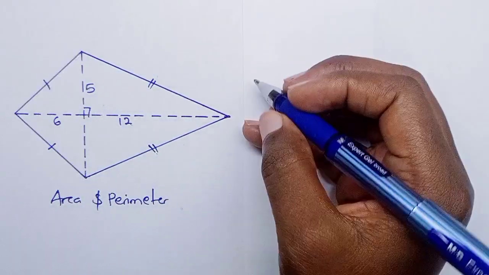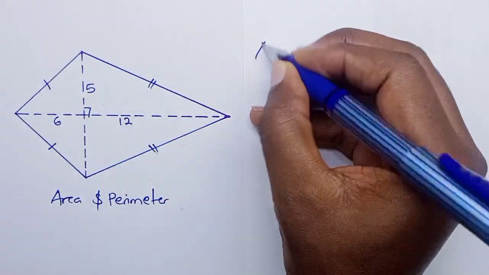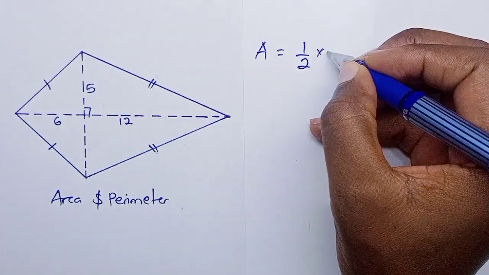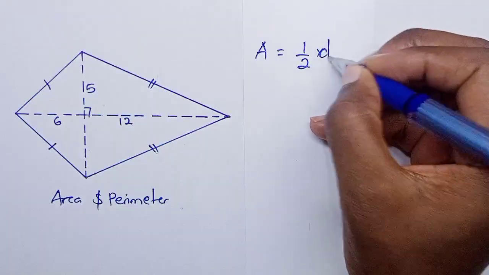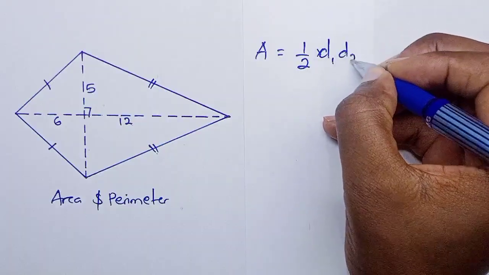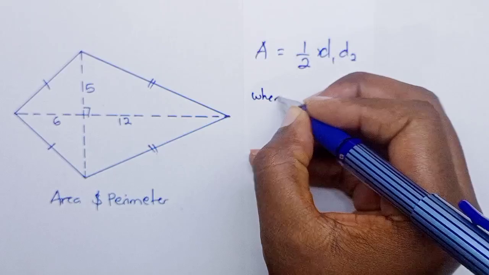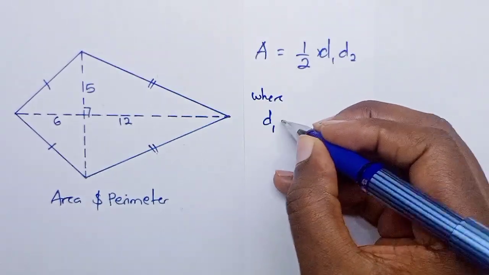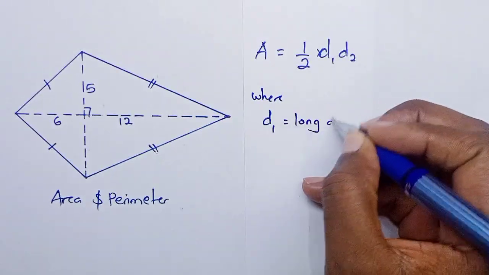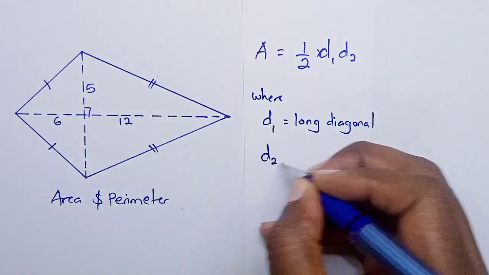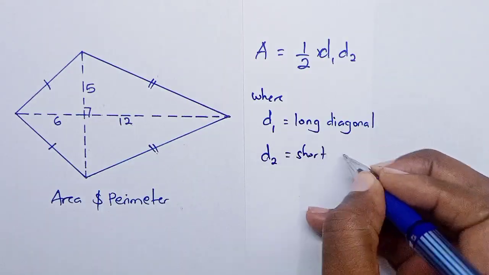Now we know that the area of a kite is given by a half times d1 times d2, where d1 is the long diagonal and d2 is the short diagonal.